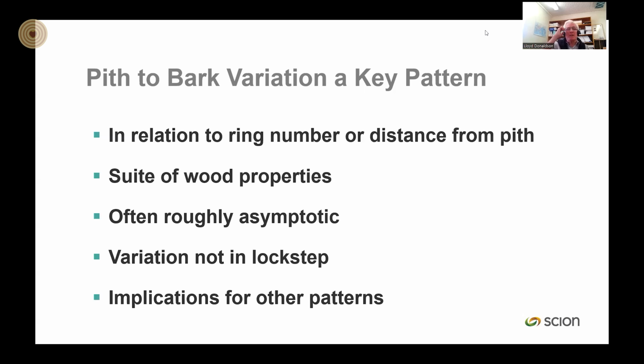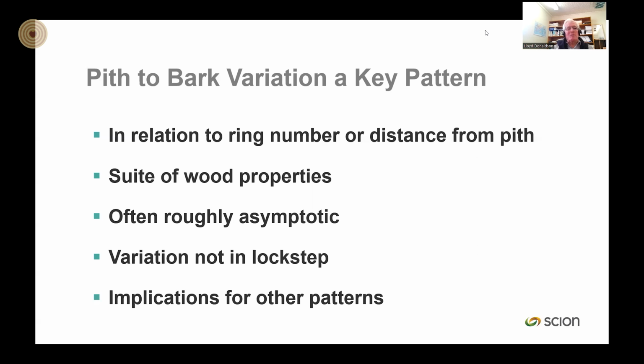A key element of within-tree variation in wood properties is pith to bark variation, which is often studied in relation to ring number from the pith, or sometimes distance from the pith. This variation involves a suite of wood properties and not just wood density. The pattern of variation tends to be roughly asymptotic, reaching a final, more or less steady state well out from the pith.